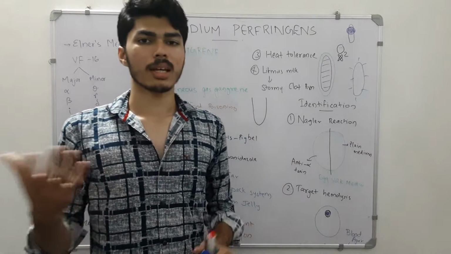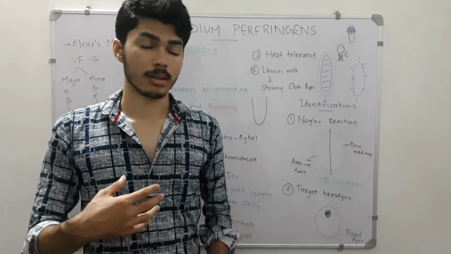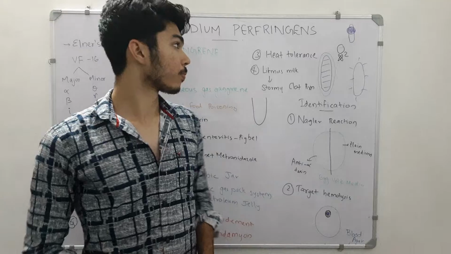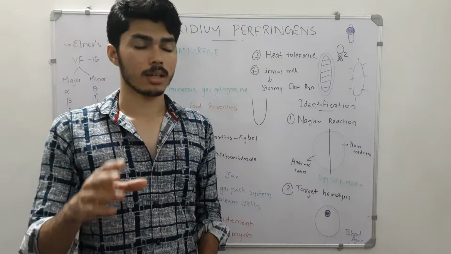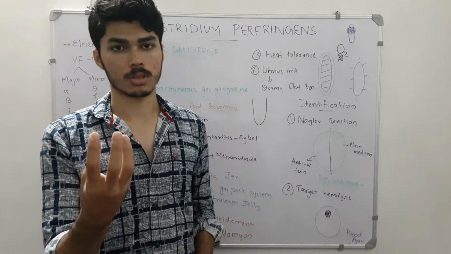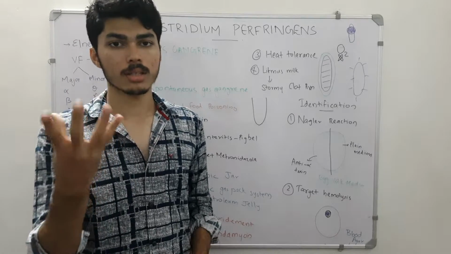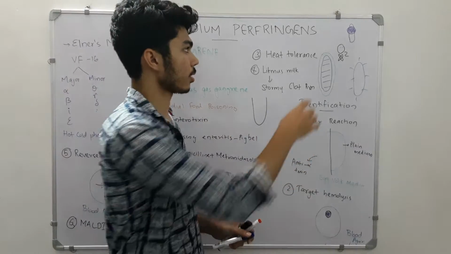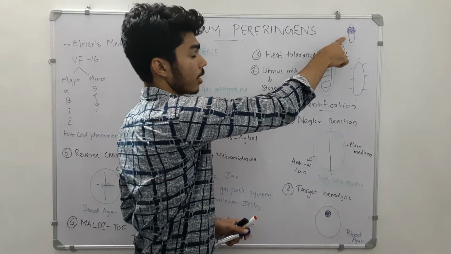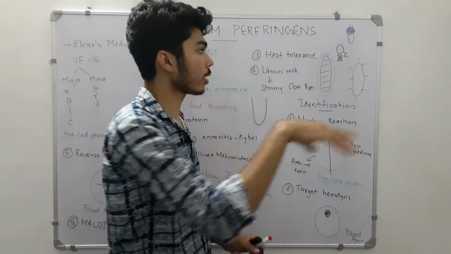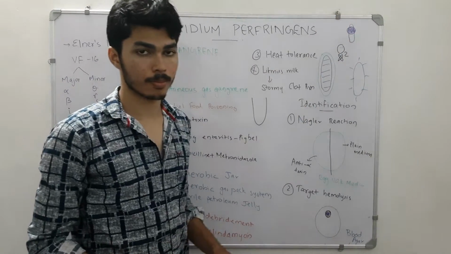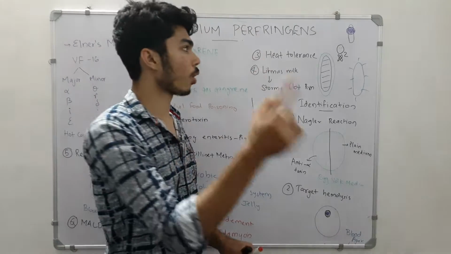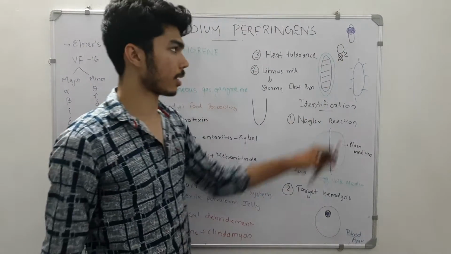They are found in the soil and in the GIT of animals and humans. They also form spores, and there are many types of spore positions. This is a spore, and it can be present in the center, or at the terminal end, where the spore is round in shape, or it can be oval, or it can be subterminal like this.